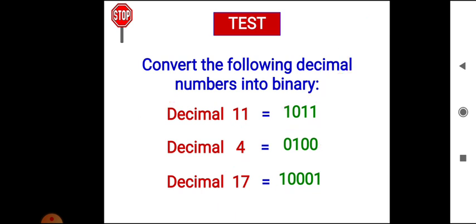So this is the process of conversion of decimal to binary. For the remaining ones also we have to do the same. Every time we divide by 2, and the remainders are the answer.